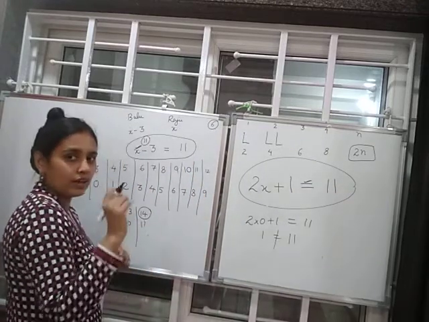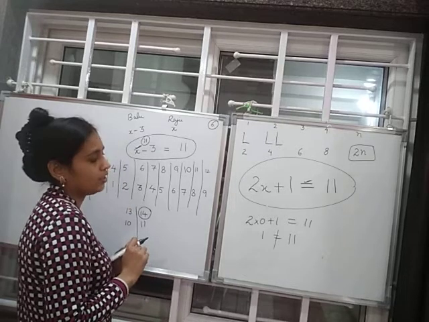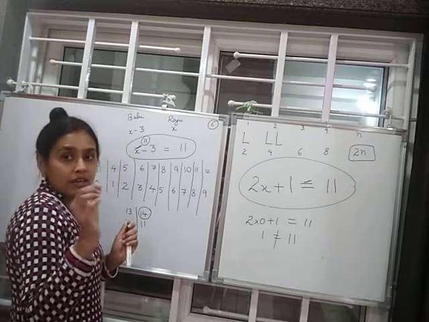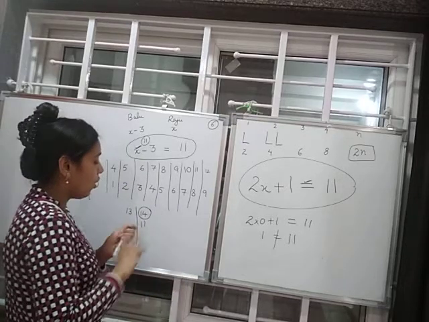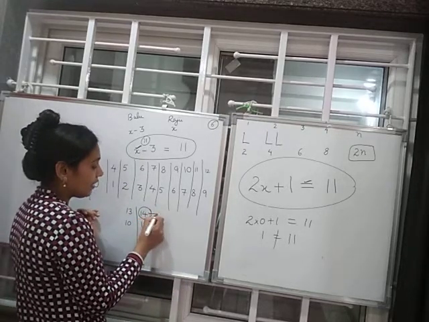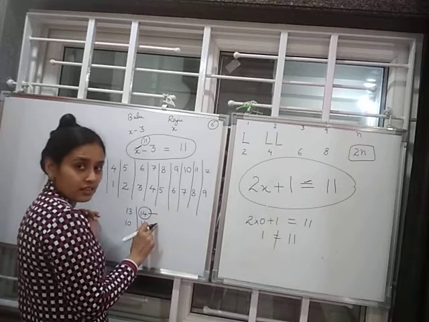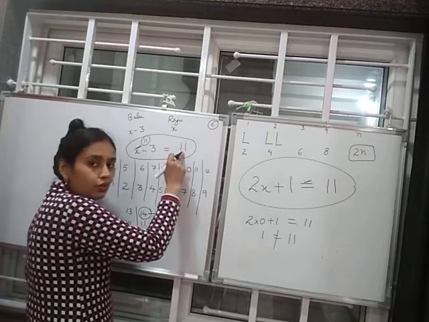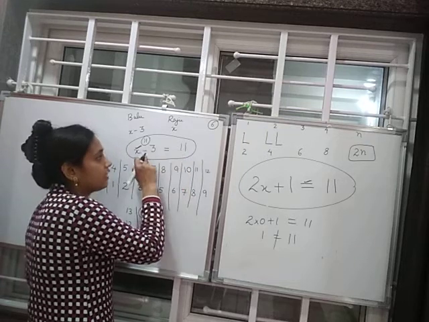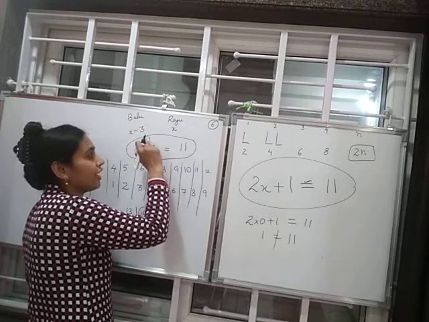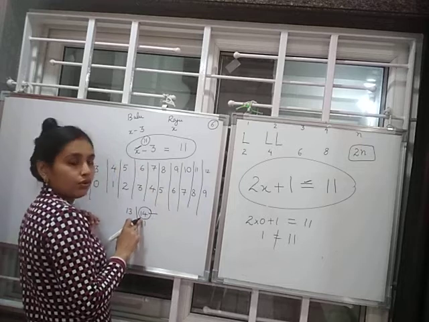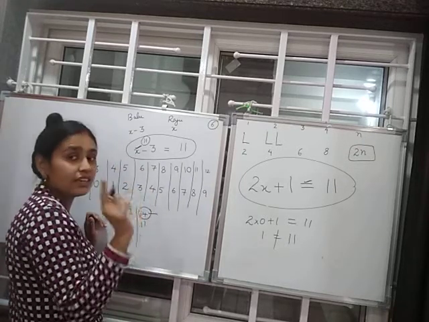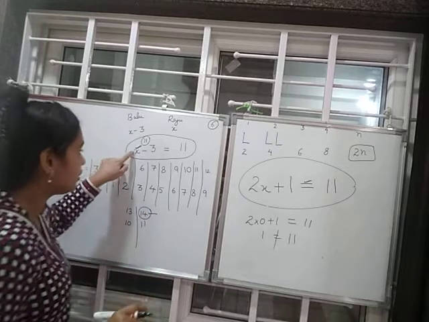Okay? Now going to the solution of the equation. As I said, a solution is the number or the value at which LHS is equal to RHS. Here LHS is equal to RHS when x is equal to 14. So this x is equal to 14 is the solution of this equation.